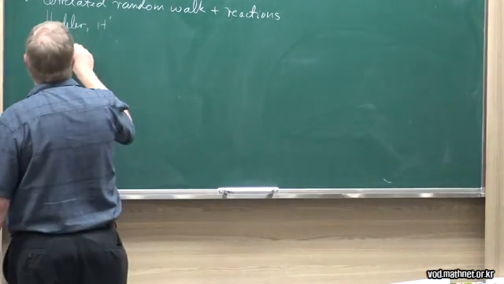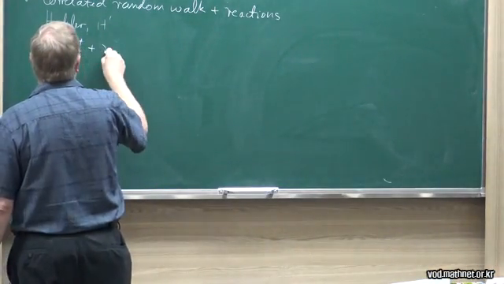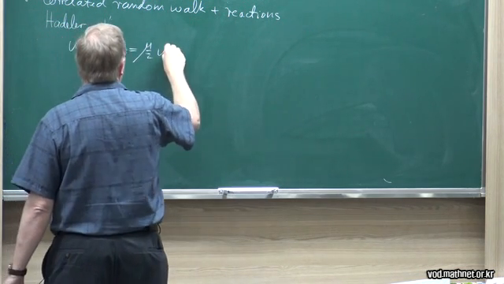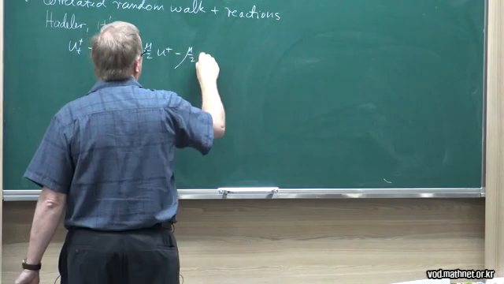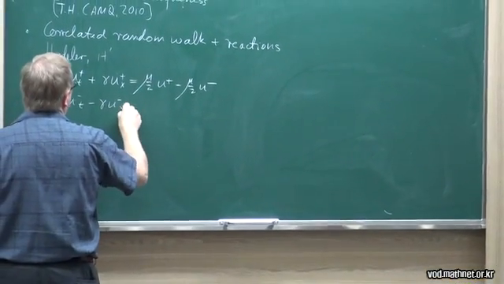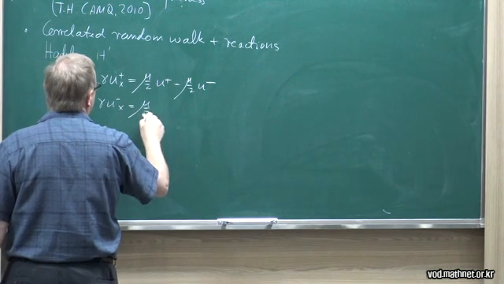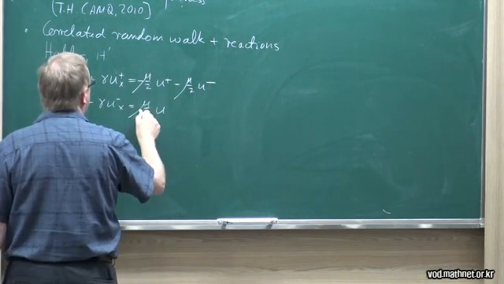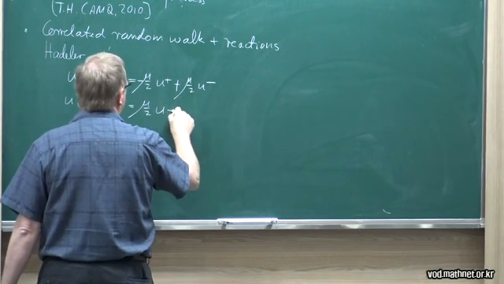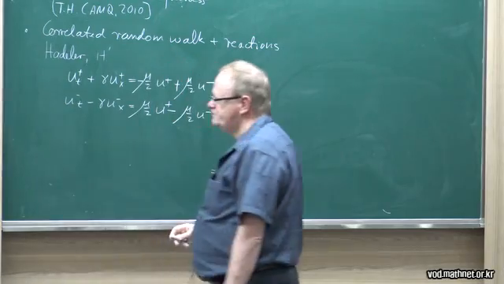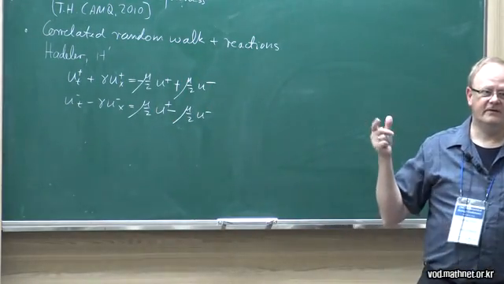So we have u plus_t plus gamma u plus_x is mu over 2 u plus minus mu over 2 u minus, and u minus_t minus gamma u minus_x is mu over 2 u plus minus mu over 2 u minus. Now there are several ways to do this.